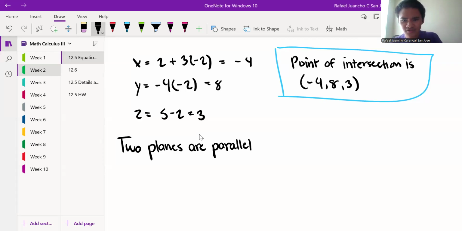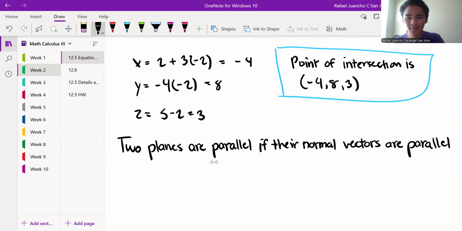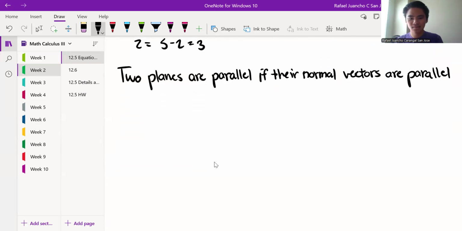If their normal vectors are parallel, right? And this makes sense. For instance, what do you mean for instance? Okay, we have an example. That's what it means.